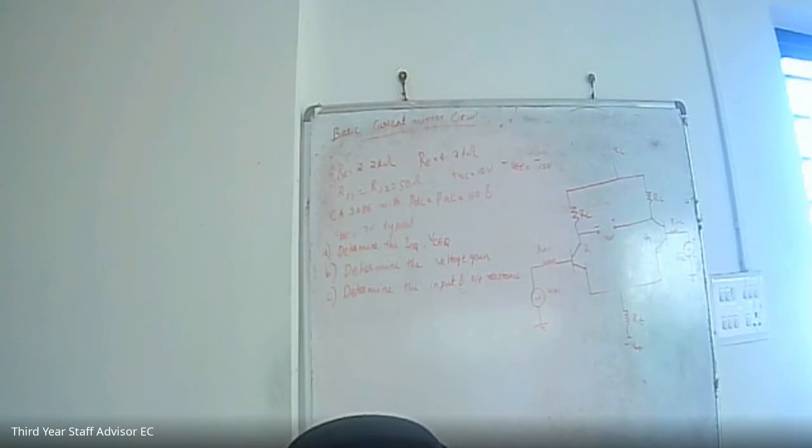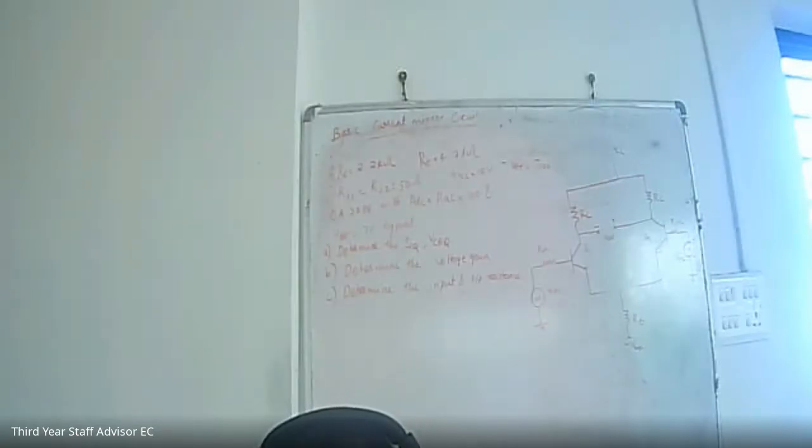So, whatever parameters are given, you can just note them on the right side of the notebook. In the case of dual input balanced output differential amplifier, I have given the note.